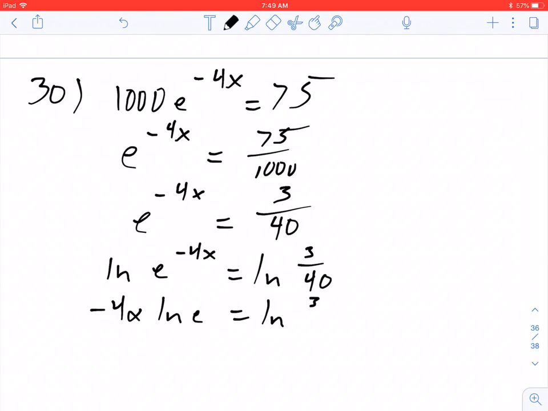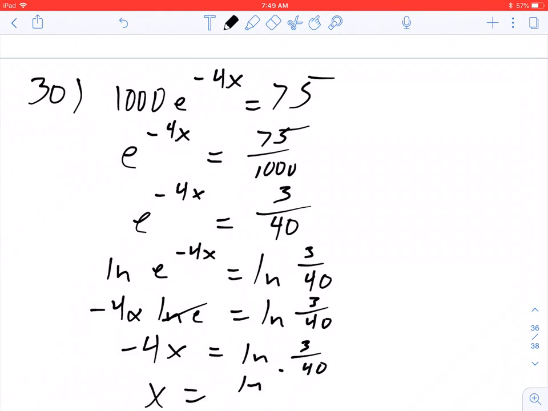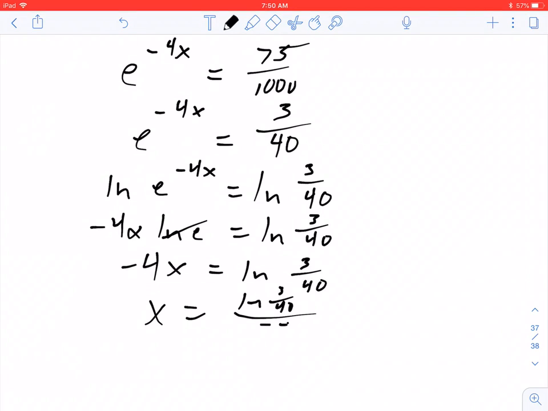From there, the natural log of e cancels, so you're left with negative 4x equals the natural log of 3 over 40. And so x is the natural log of 3 over 40, all divided by negative 4.